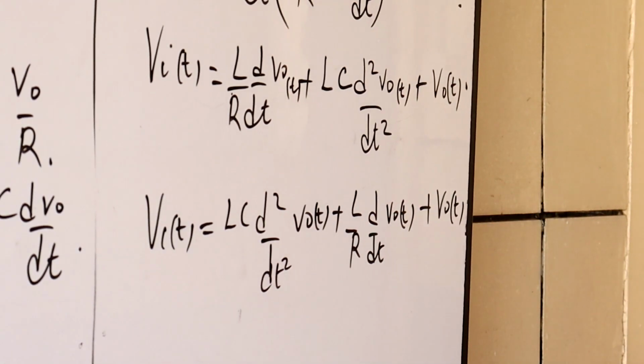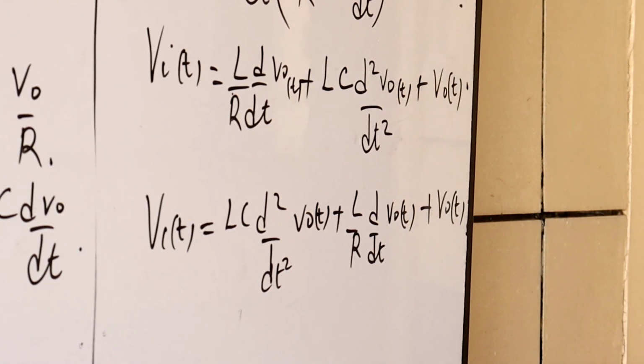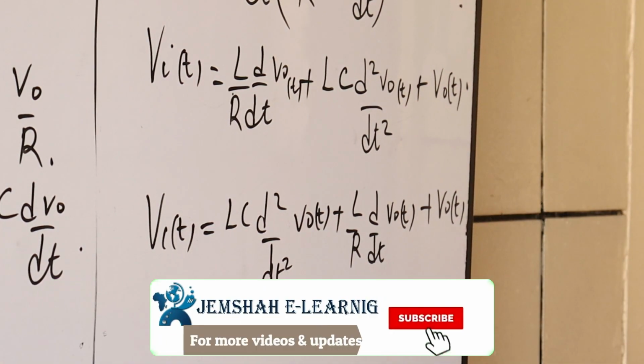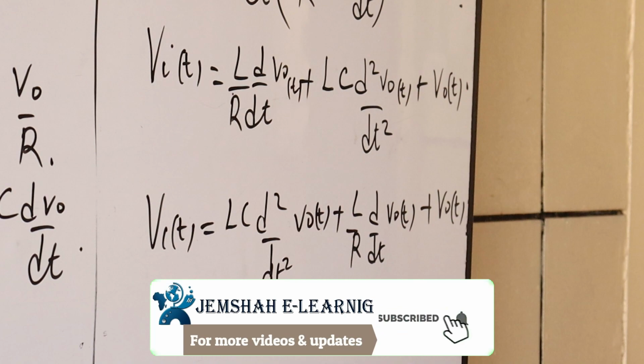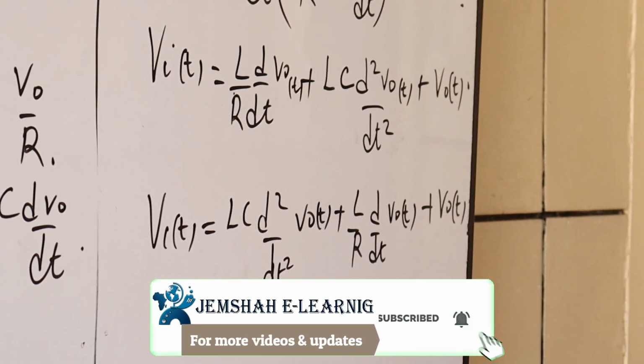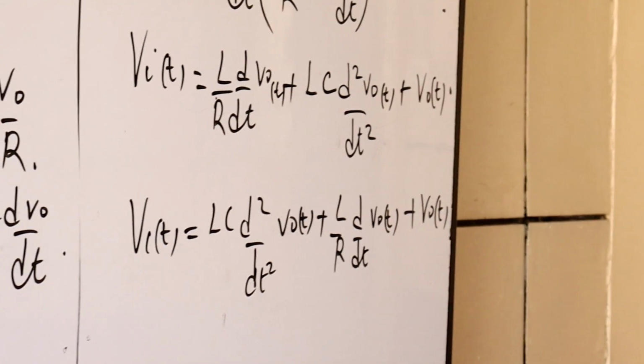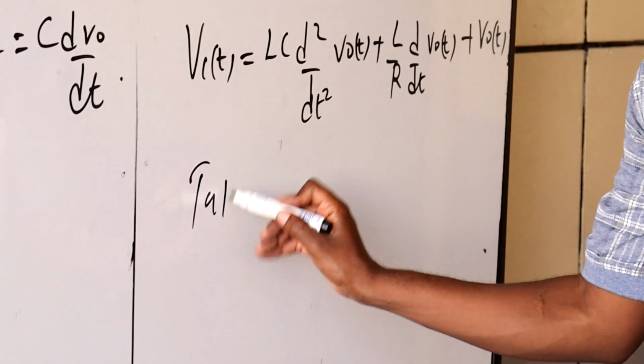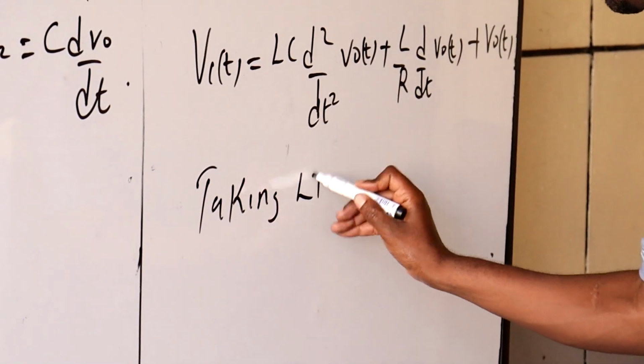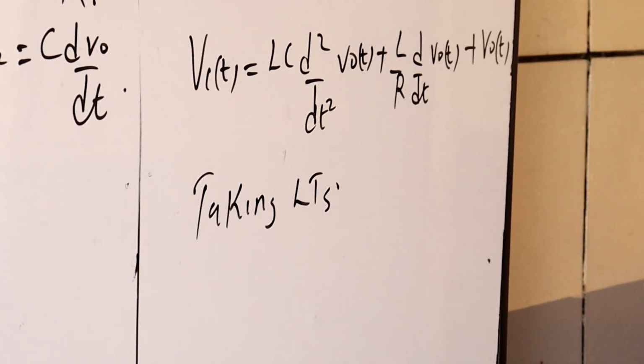And with that you shall have obtained the integro-differential equation. Next is taking the Laplace transform and then rearranging in order to get an expression for the transfer function. So we come to taking Laplace transforms, rather taking LTs.